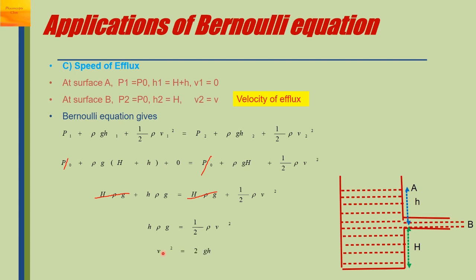Again rho will get cancelled out. What remains is v square equal to 2gH, taking it to the other side. Taking the square root, we get v equal to square root of 2gH. This is the velocity of efflux.